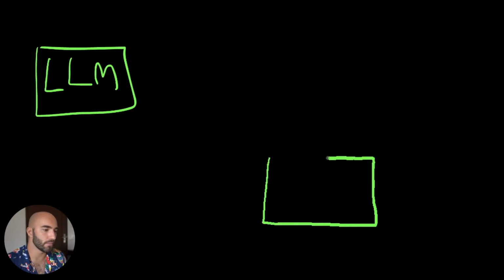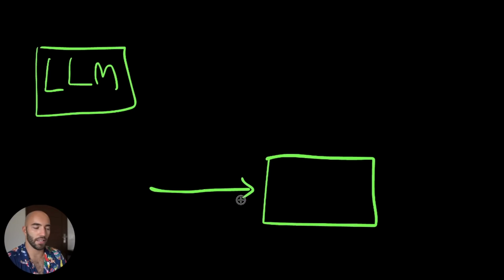We have our large language models, and by default, they just kind of exist in isolation. You put in some text and you get some output text from them. Tools can be a lot of different things, but the core is that they are something, this box in the middle here, and that something takes in a string or a couple of parameters, and it outputs a string or a couple of parameters.